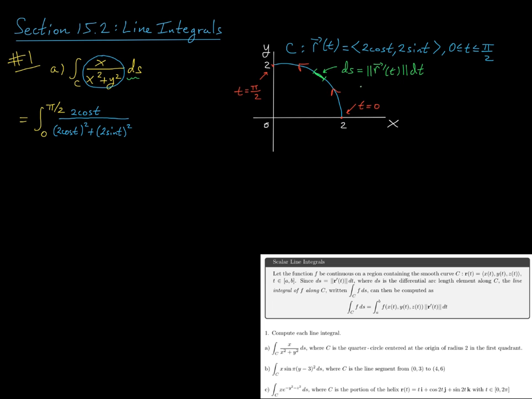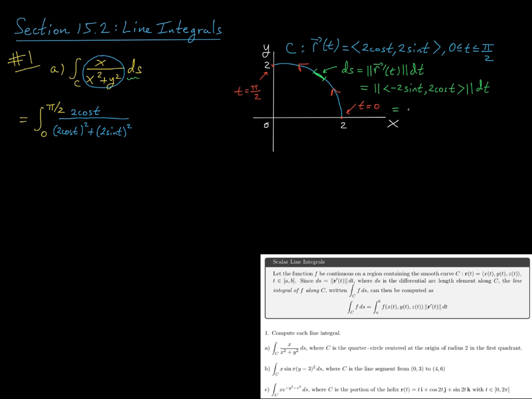Okay, so now I want to compute the magnitude of the vector minus 2 sine t, 2 cosine t. Right? I just differentiate component-wise with respect to t.